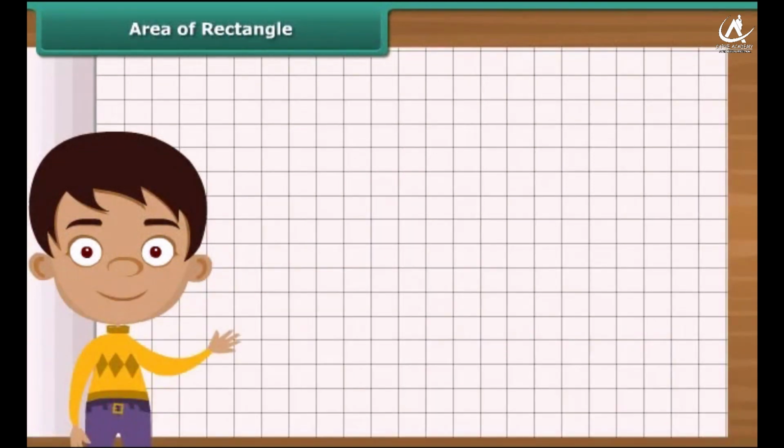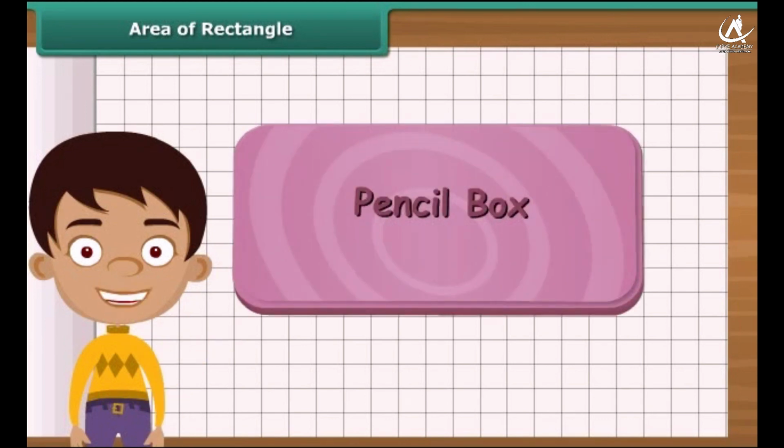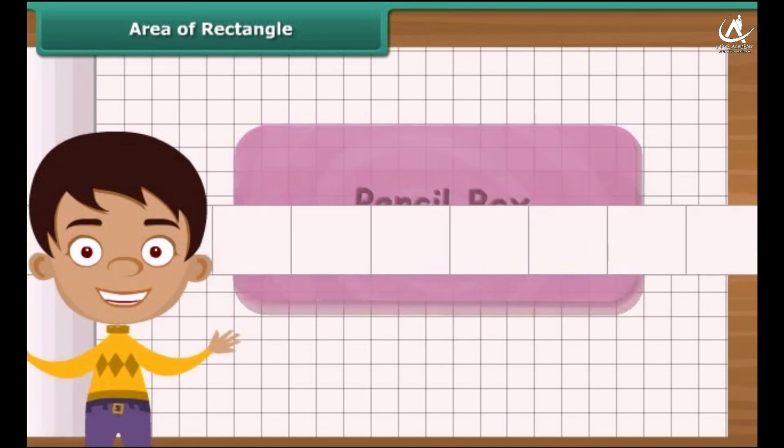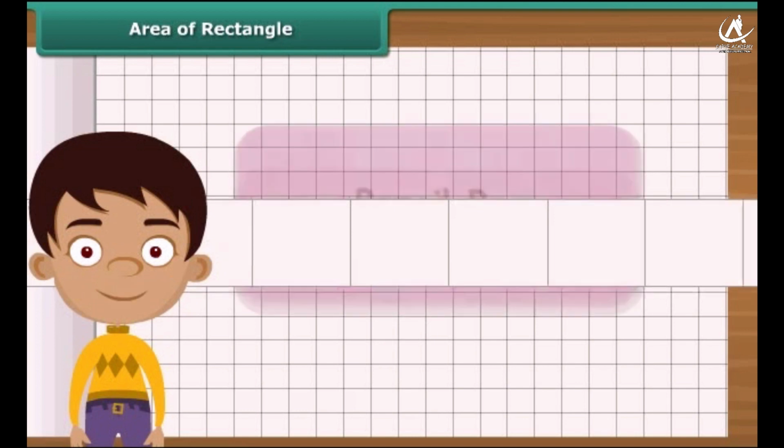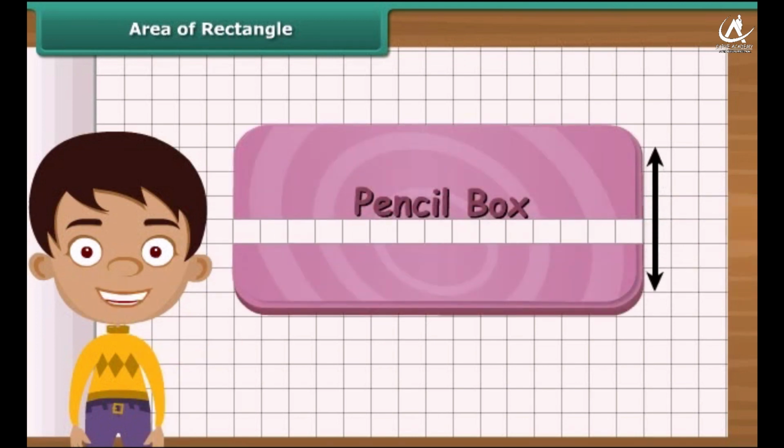Let us find the area of a rectangle by counting squares. Take a rectangular pencil box. Place it on a squared paper. The length of the box is 15 centimeters. Arrange 15 squares of side 1 centimeter along its length. The breadth of the box is 8 centimeters.